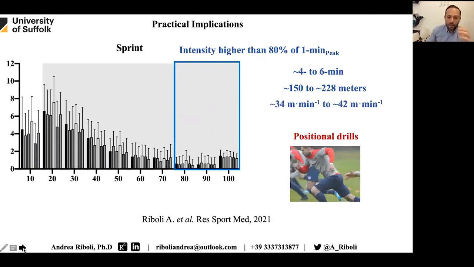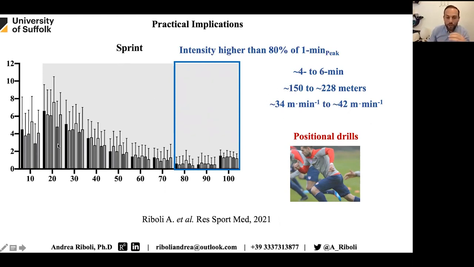So we can consider this information to plan, for example, what we did in our practice: a minimum of 4 to 6 repetitions of 1 minute at intensity between 34 meters per minute to 42 meters per minute of sprint during our practice.